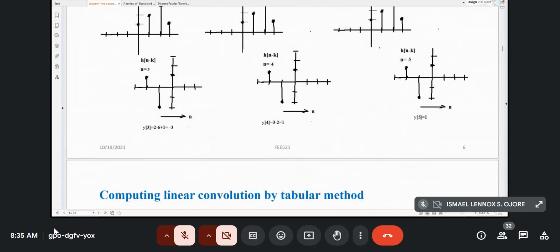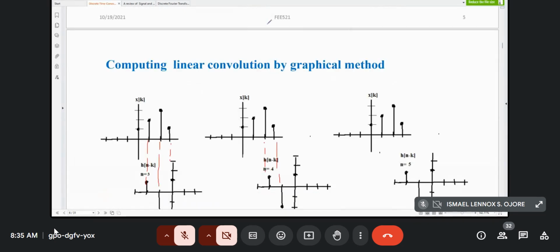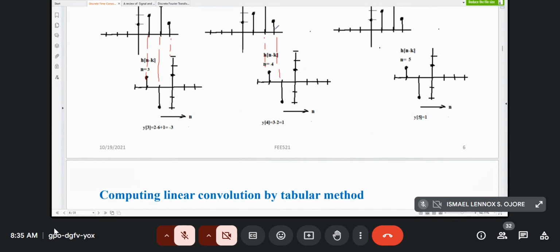Then we come to this one. We are just sliding to the right until they are not overlapping anymore. So now we are here. Again, this is 2 plus minus 2 times this, minus 6, and this is 1. So that's minus 3. Now we're almost completely getting out of it, though there are still some overlaps. These two are still overlapping. So this is 3 times 1 is 3, and plus 1 minus 2 is minus 2, that is 1.